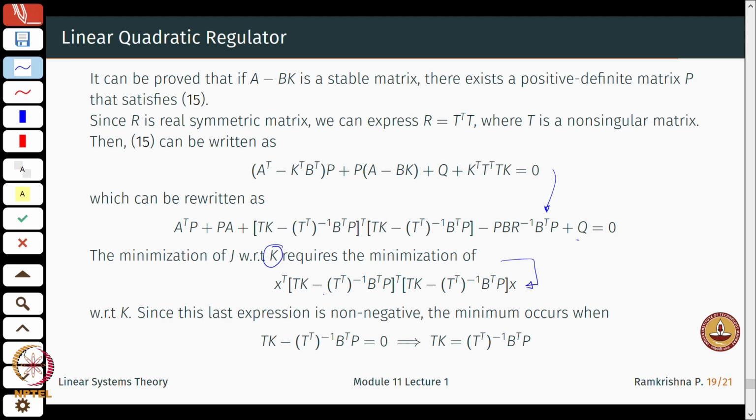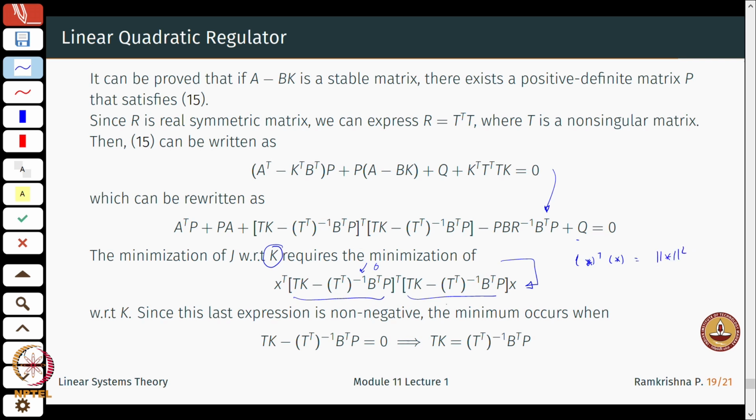Okay, and this occurs only when, look at this, I have X transpose, something with a transpose here, something here, and X. So this is possible if and only if this term here goes to 0. Because this expression in general will be non-negative, I have something with a transpose, and this will always be non-negative.